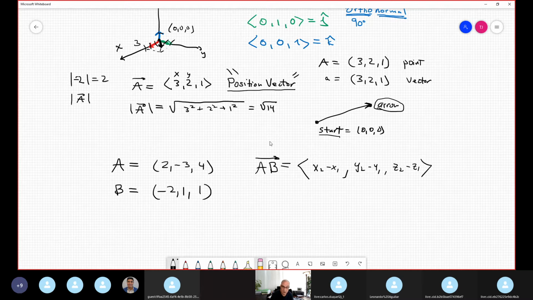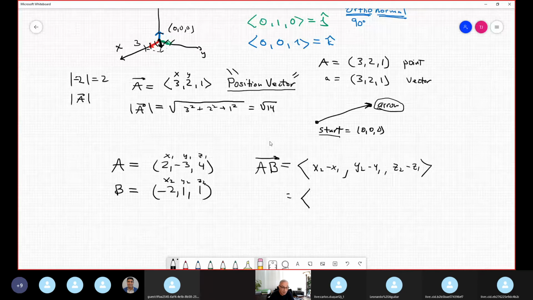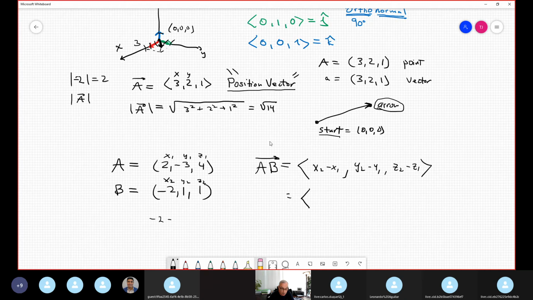In our case, point 1 is this point, x1, y1, z1, and this is x2, y2, z2. Basically, you're subtracting B minus A: negative 2 minus 2 is negative 4, comma, positive 1 minus negative 3 is positive 4, and 1 minus 4 is negative 3. Okay?